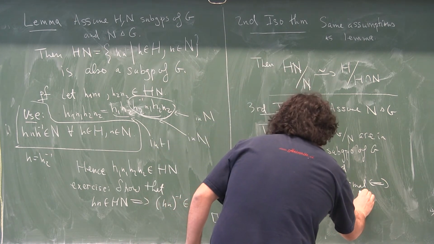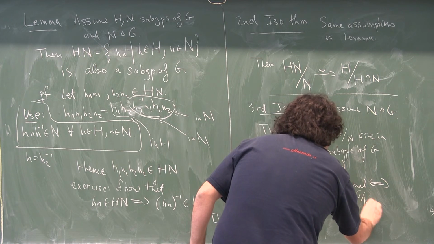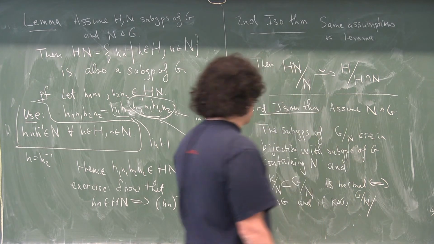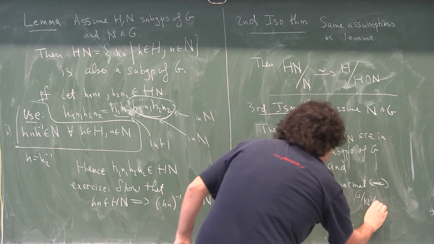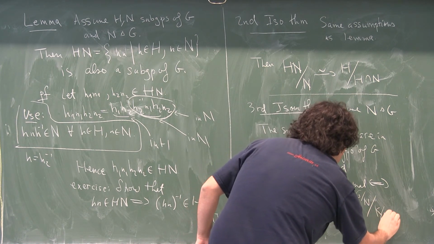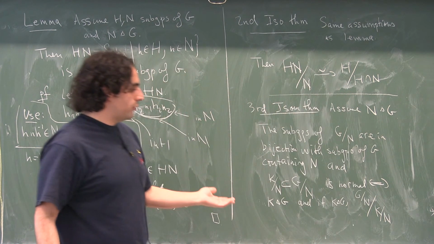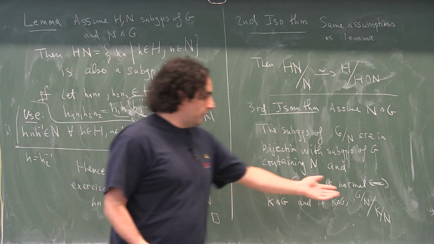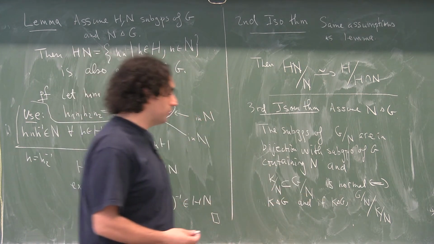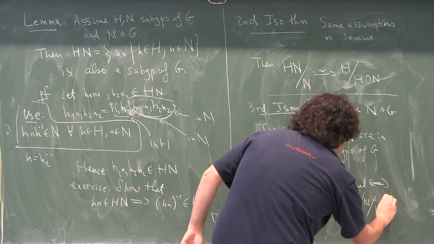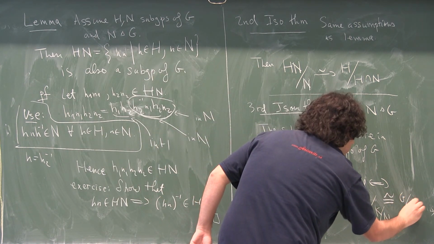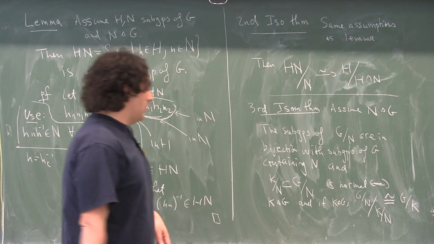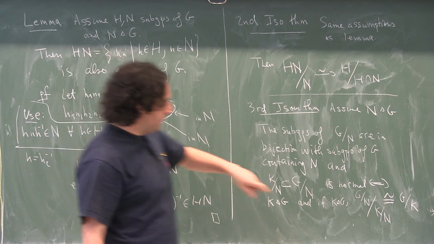I can do G mod N modulo its normal subgroup K mod N. And now forget for a second that we are talking about groups and quotients, and think that this is just a fraction. What would you do? You would cancel out and say that this is G mod K. This makes sense, right?